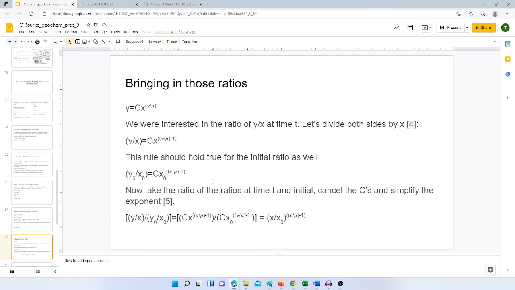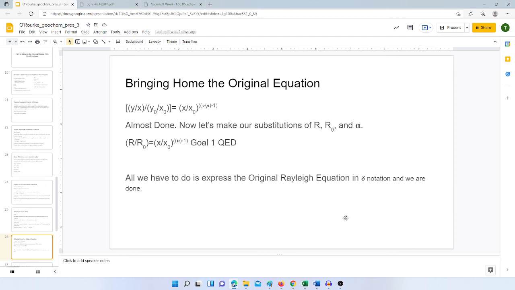And if our interest is in the final ratio divided by the initial ratio, then all I have to do is take this, divide it by this. The c's will cancel, and the exponents will simplify by exponent rule 5, and I'll have that. So that's pretty close. Now all we have to do is put in our substitutions, and there we go. We have proved from first principles the original version of the Rayleigh equation.